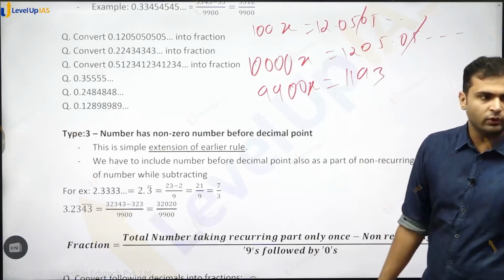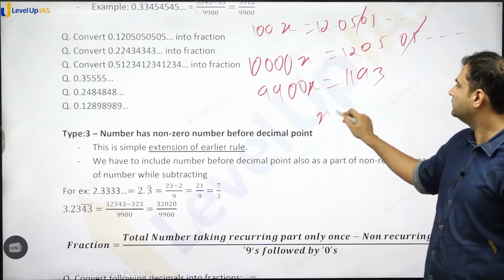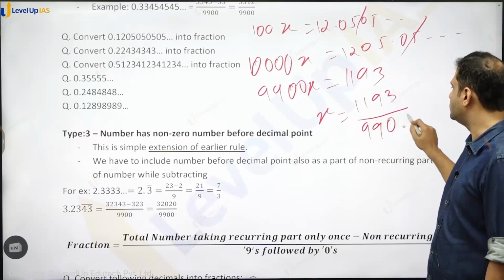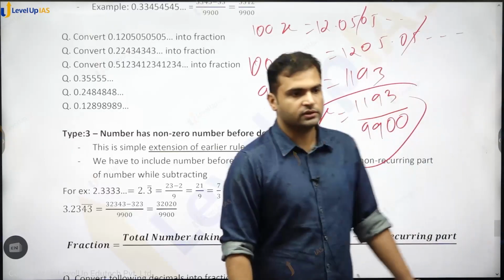Well, x is equal to 1193 divided by 9900. That would be the answer.